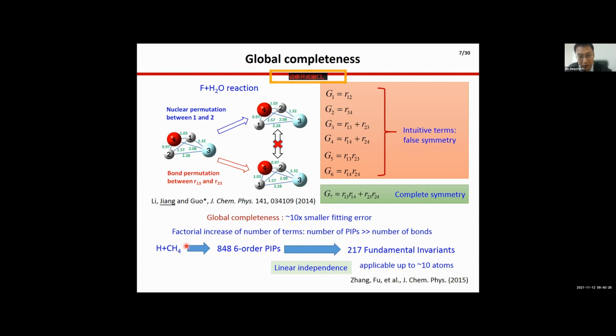For example, for this 6-atom system, you will have about 800 PIPs. Even if you have some way to remove some linearly dependent terms, you still have to deal with hundreds and thousands of terms for a small system. So this approach has so far been applied to only about 10 atoms or so.